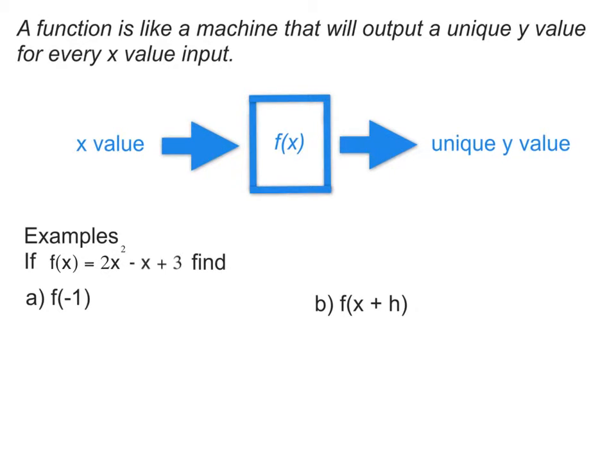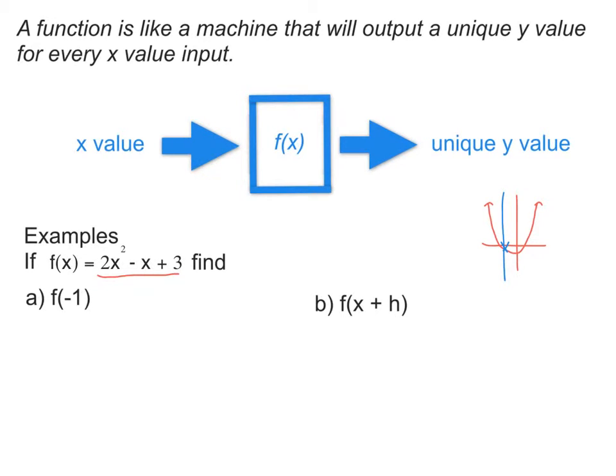y value. Looking at the equation in the example, we know that 2x squared minus x plus 3 gives us a basic parabola. And by observing a quick sketch, we can see that this parabola will pass the vertical line test, and so therefore we are working with a function.